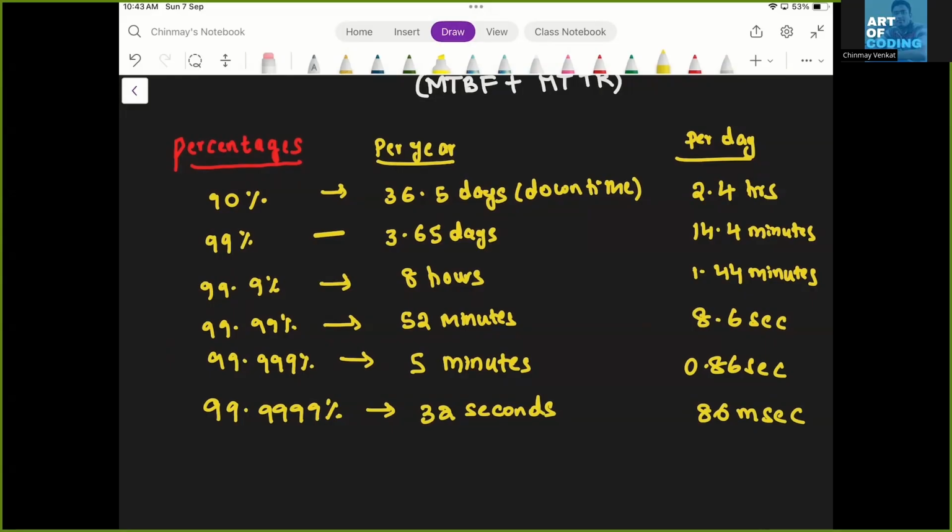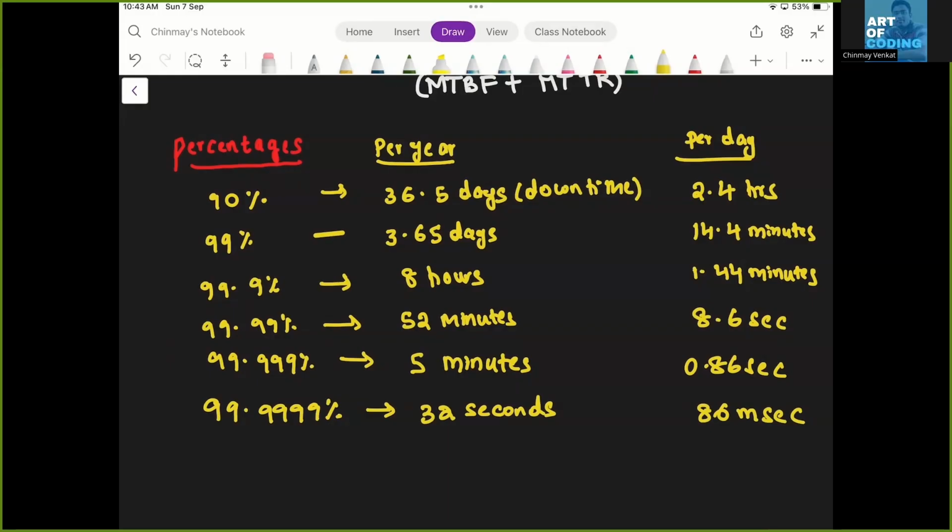Based on that, the preventive measures will be taken in the architecture, in designing the system. So that's why the availability metric is very, very important. I hope you can understand very clearly how the availability is calculated. This is about the availability.